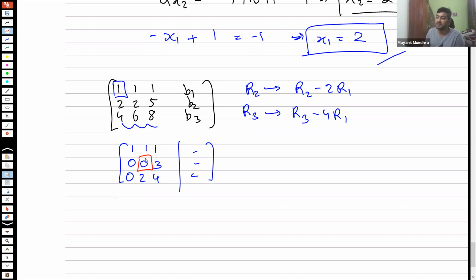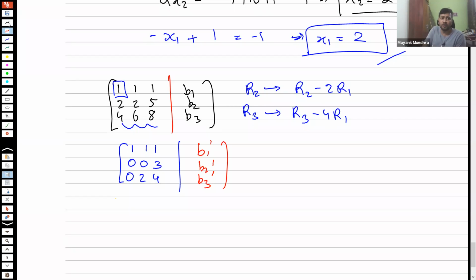But now this pivot itself has become 0. No matter what multiple I take of this 0, I can never make this thing 0. So suppose these numbers after the row operations are b1 prime, b2 prime, and b3 prime.